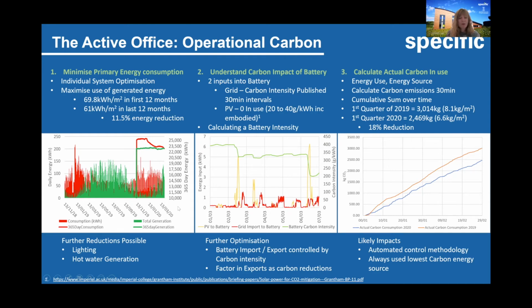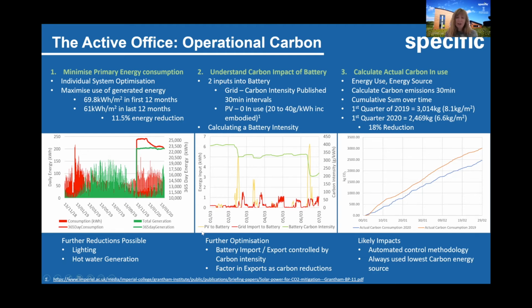On a rolling 365-day basis, these changes produced an 11.5% reduction in energy use, which is approximately 61 kilowatt hours per meter squared. I should say this was prior to lockdown last March. We don't have more up-to-date figures because we've not really been using the building much in the last year.